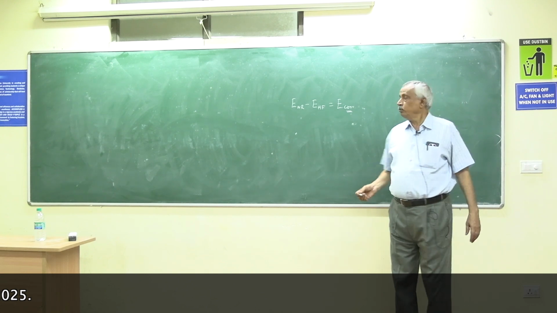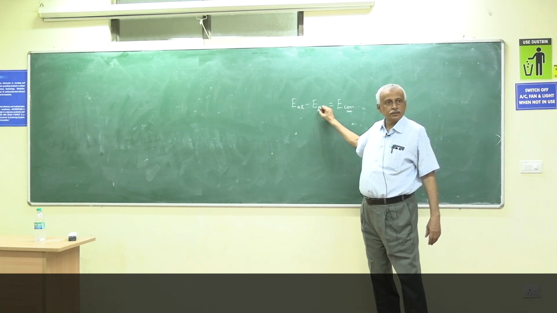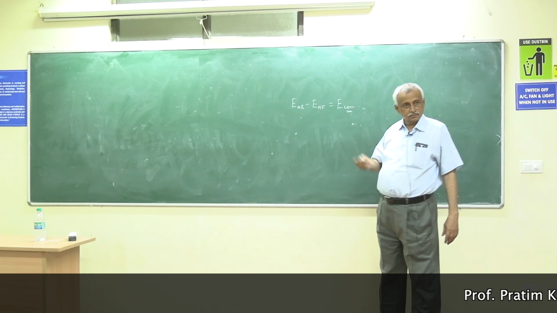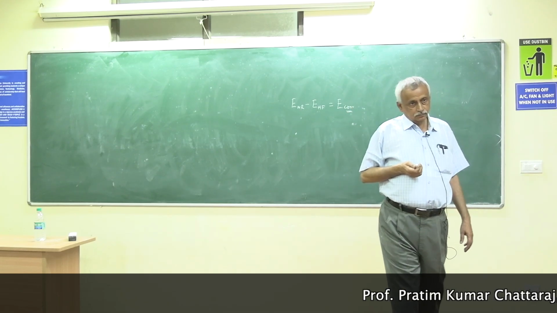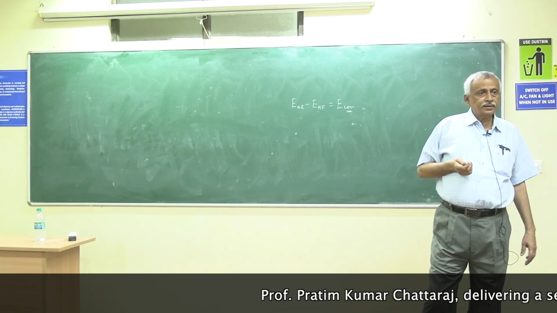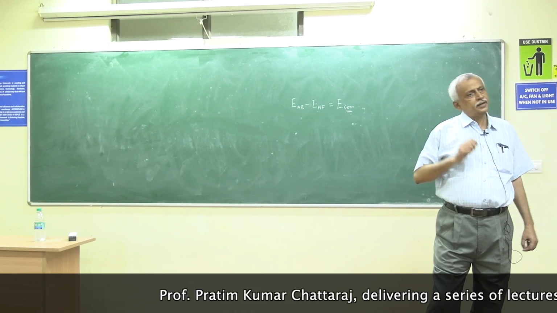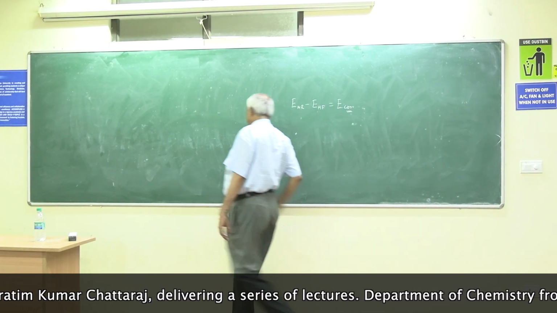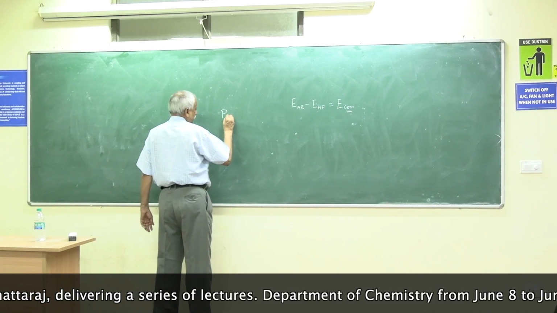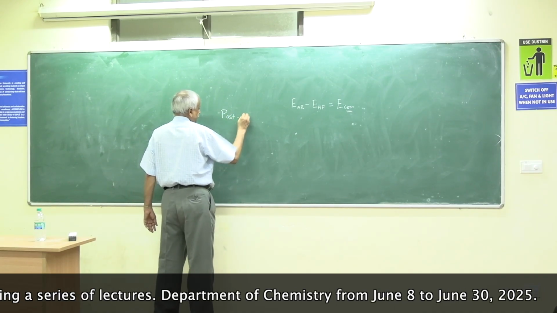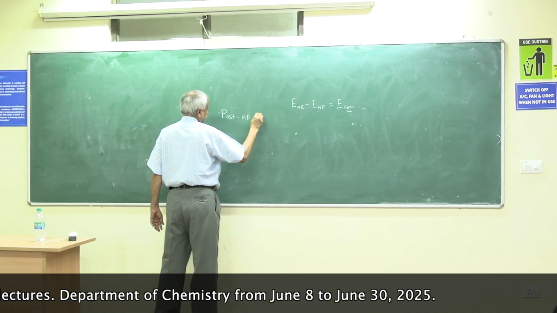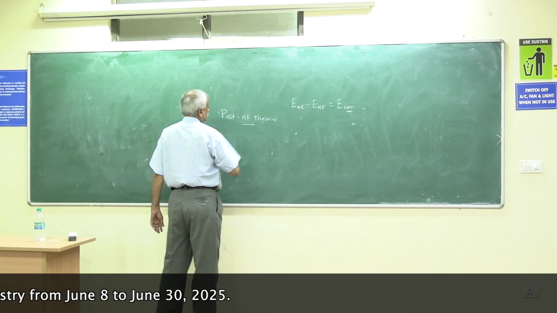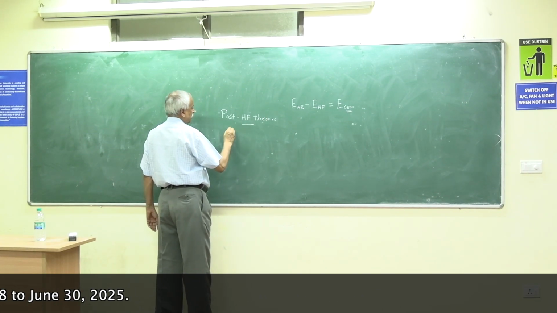So if you get a theory which is beyond Hartree-Fock theory, which includes correlation, they are called correlated theories or post-Hartree-Fock theories. So there are several.